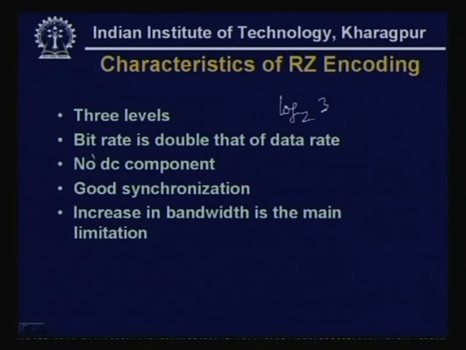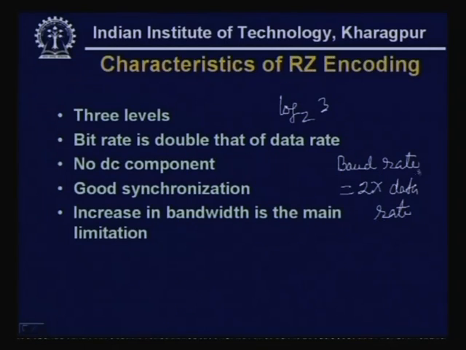The baud rate is double that of the data rate because of the number of transitions it is making. So, it is not at all an efficient encoding. Here the baud rate will be equal to 2 times the data rate. So, this is definitely bad.